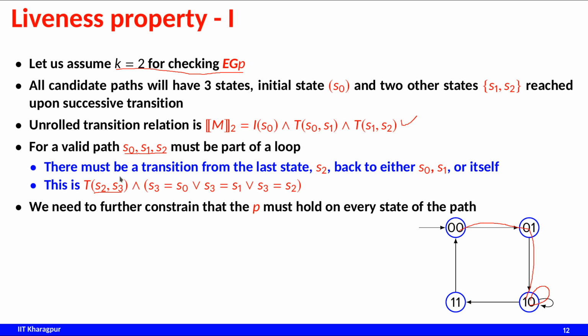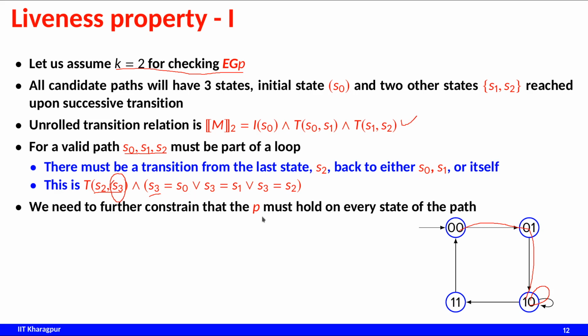So let's say S3 is the new state that I can actually reach. From S3, does there exist a loop, or from this S3 can I reach S0, S1 or S2? So S3 is nothing but one of those states, S0, S1 or S2.